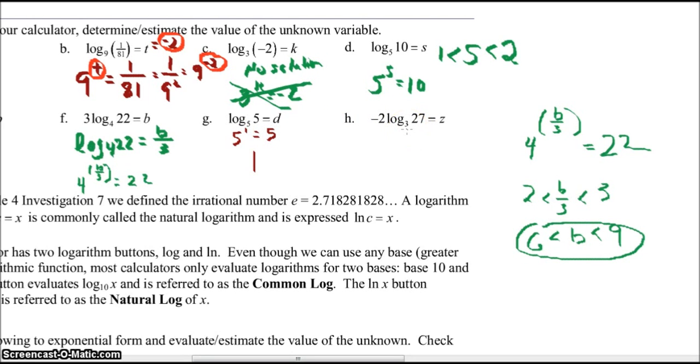Let's see. Let's divide this by -2, so log base 3 of 27 equals z over -2. Convert it to exponential form. 3 to the z divided by -2 is our exponent, equals 27.